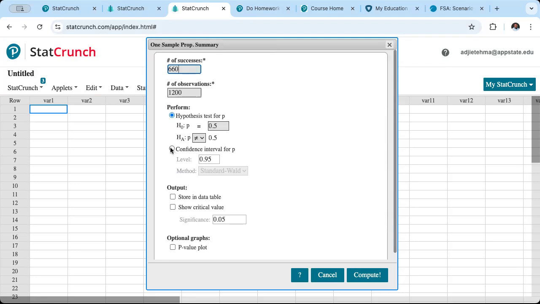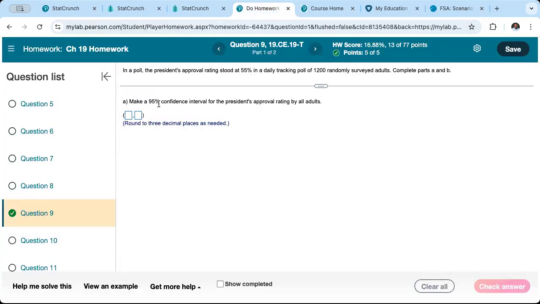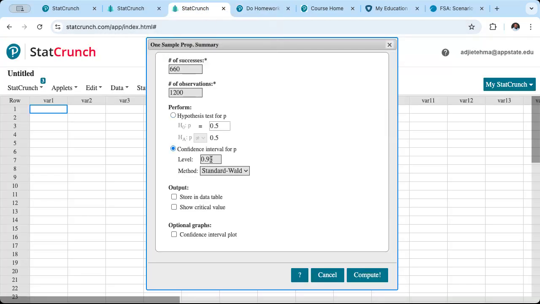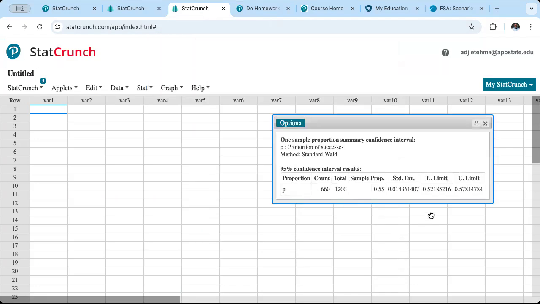What do we want? Confidence interval. I want the confidence interval for 95%. So it's already 95 here. If yours is 90, you just have to change it to 0.9. Is that okay? And then I hit compute. So the lower is what? 0.5218.